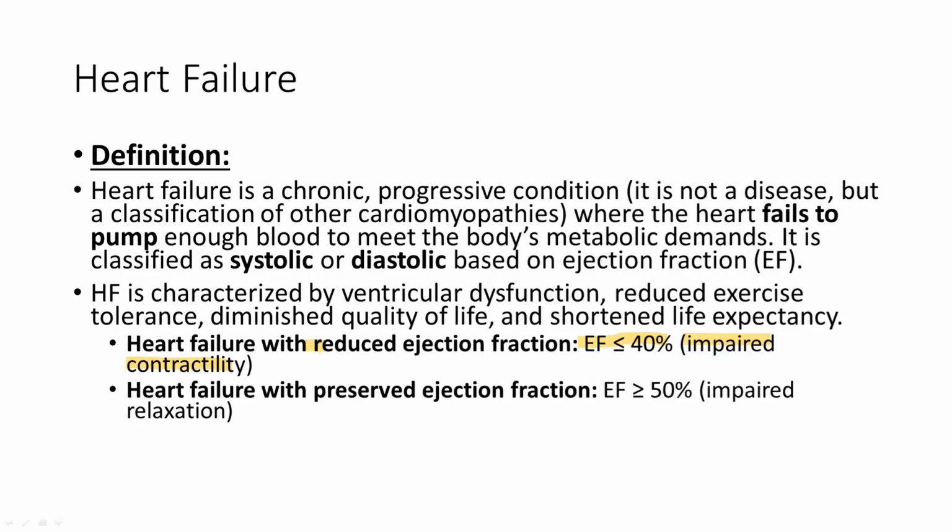With a preserved ejection fraction, the EF will typically be around 50 and above, and what you have now is an impaired relaxation. That's really all you need to understand about systolic or diastolic heart failure until you get into some NP classes or your critical care classes.